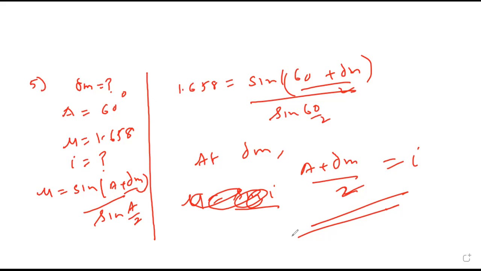17, 18, 19. Refractive index for violet, yellow, and red are 1.632, 1.620, 1.613.